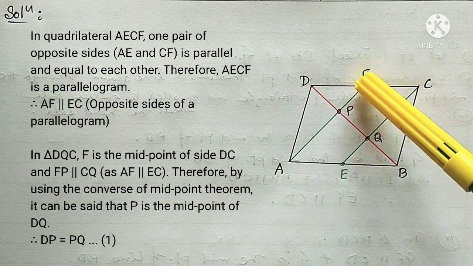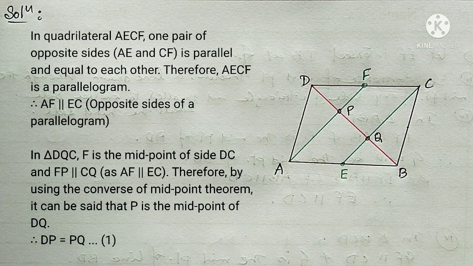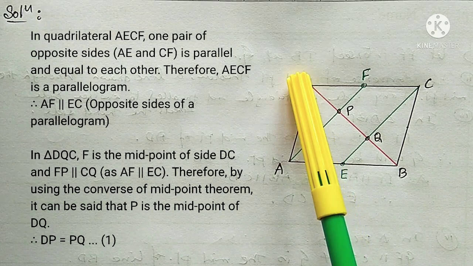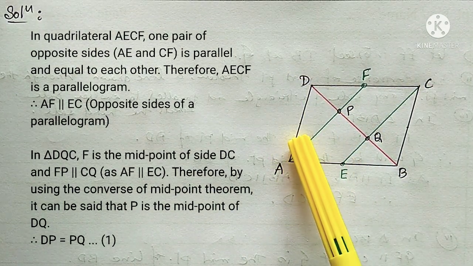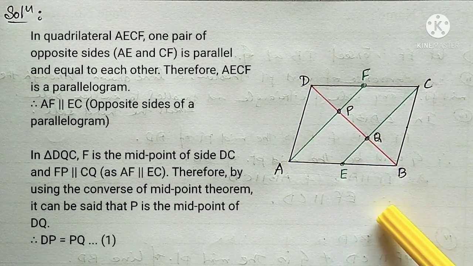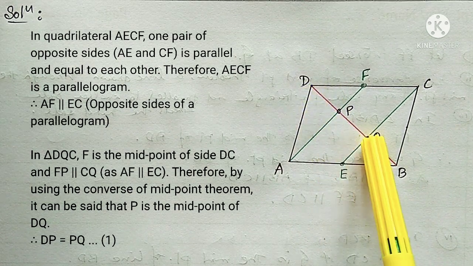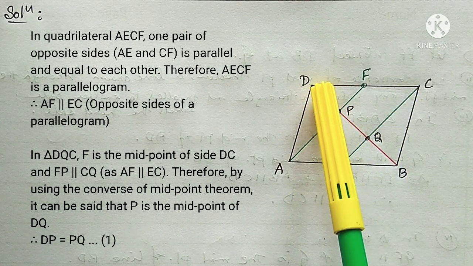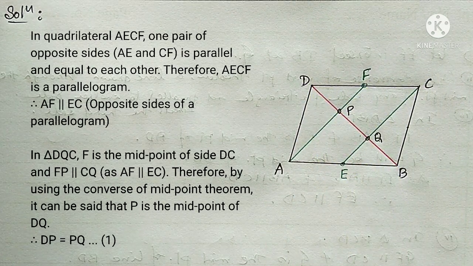After proving AF is parallel to EC, now we consider the triangle DQC. Listen carefully, DQC. In this triangle DQC, inside DC, F is the midpoint.